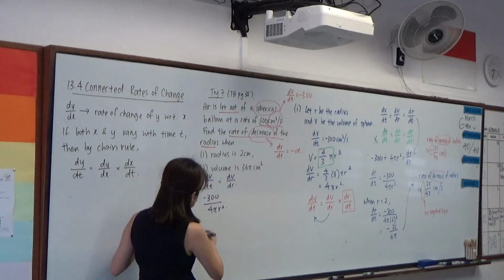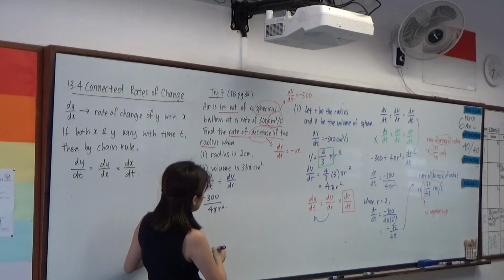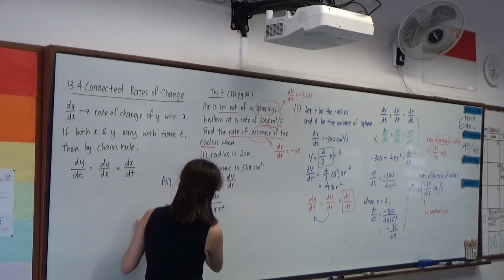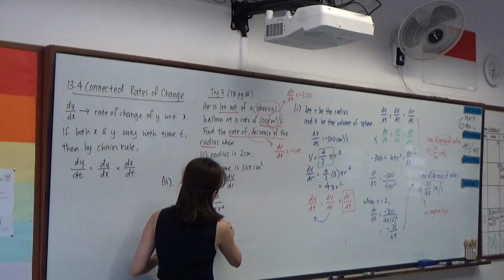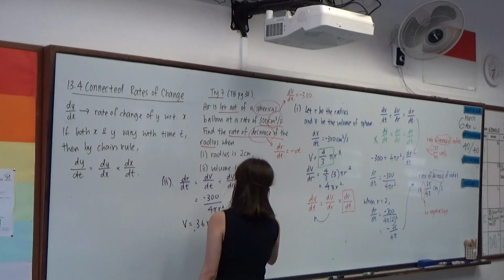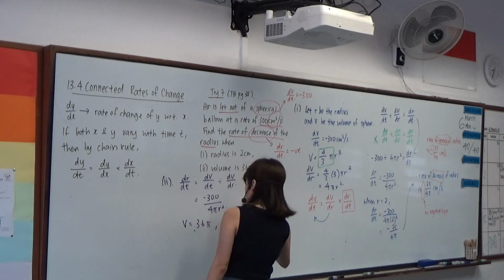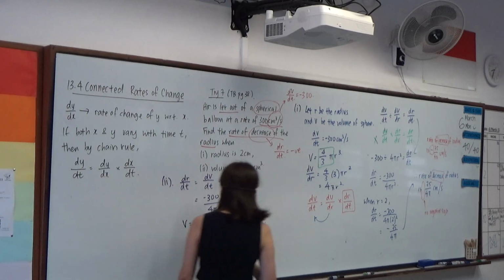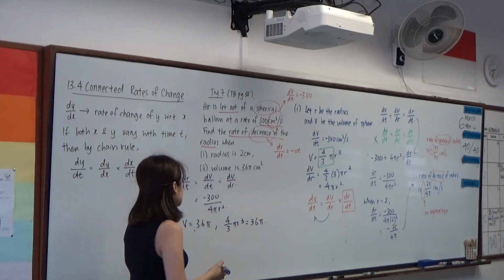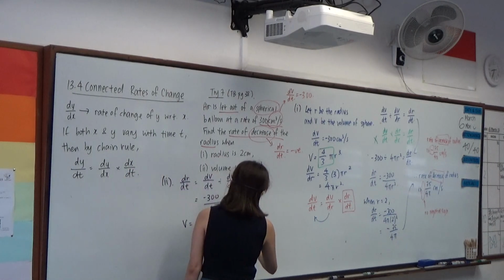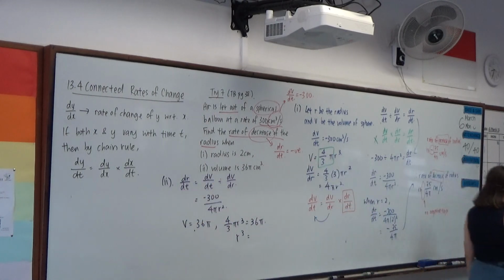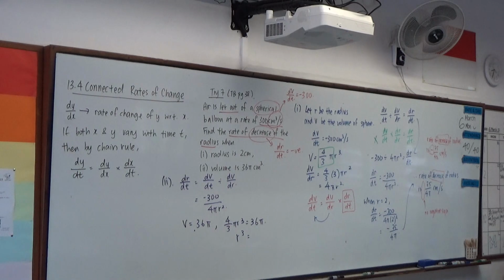So we need an additional step. Because your volume now is 36 pi, and the volume is 4 over 3 pi r cubed, so 4 over 3 pi r cubed equals 36 pi. That will help us find the value of r, where r cubed is equal to 27.